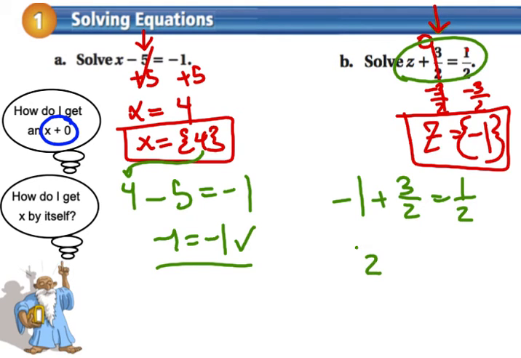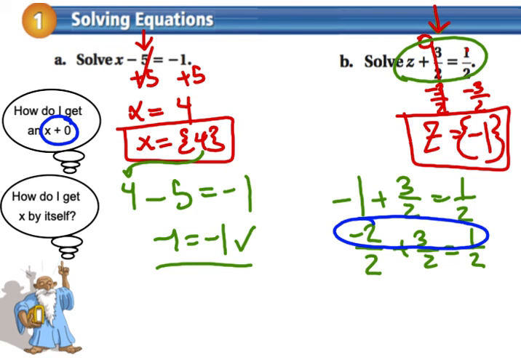So I'm going to go ahead and use a 2. Negative 1 is negative 2/2 plus 3/2 is supposed to equal 1/2. And since the denominators are all the same, remember you can just do the math on the numerators. Negative 2 plus 3 equals 1. That is true. So this one does check out to be correct.